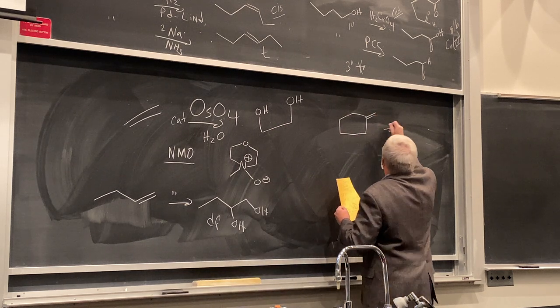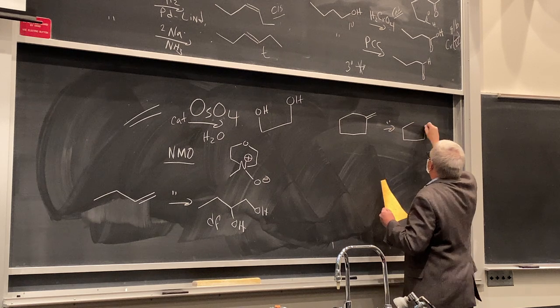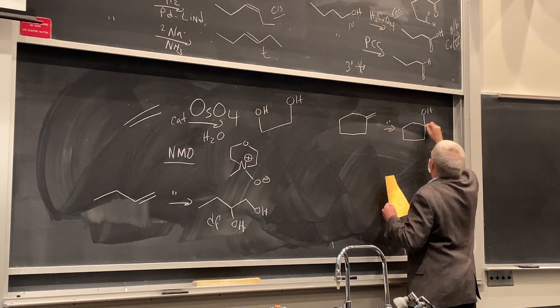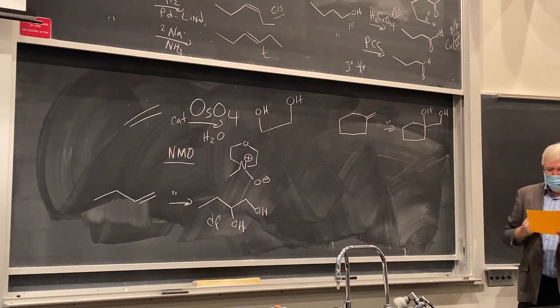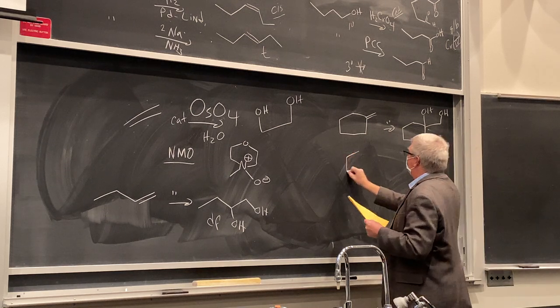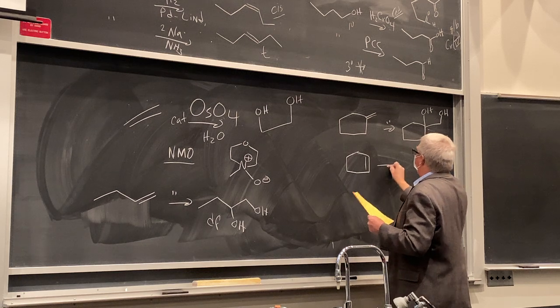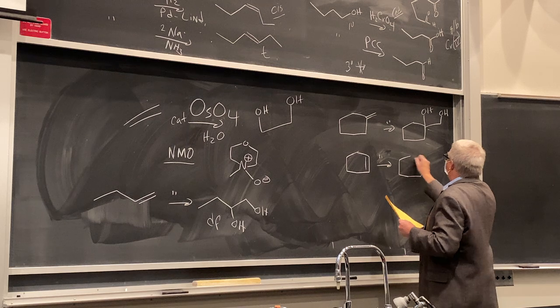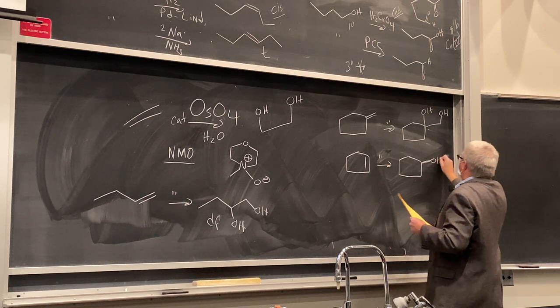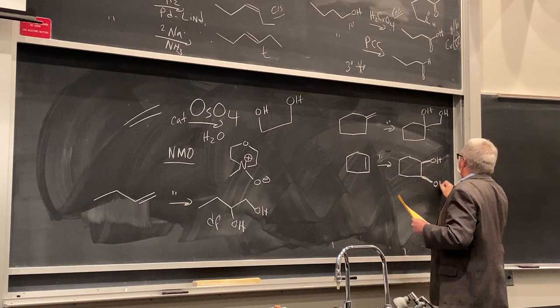So we have a double bond outside the ring. We'll get the diol right here. Okay, it's always where the alkene is, right? And if we've got this guy, same thing. What are we going to get? We're going to get the cis diol, okay?